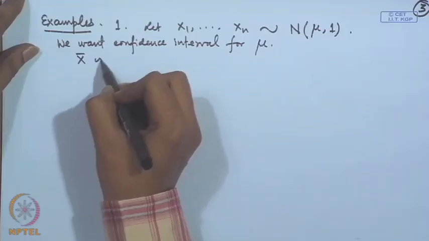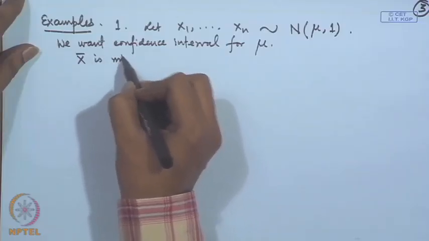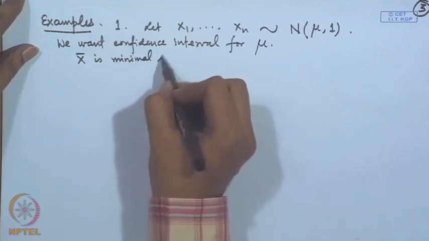Now, I am looking at it from a practical point of view. In this particular problem, x bar is a minimal sufficient statistic, is it not? X bar is minimal sufficient, it is also complete of course.